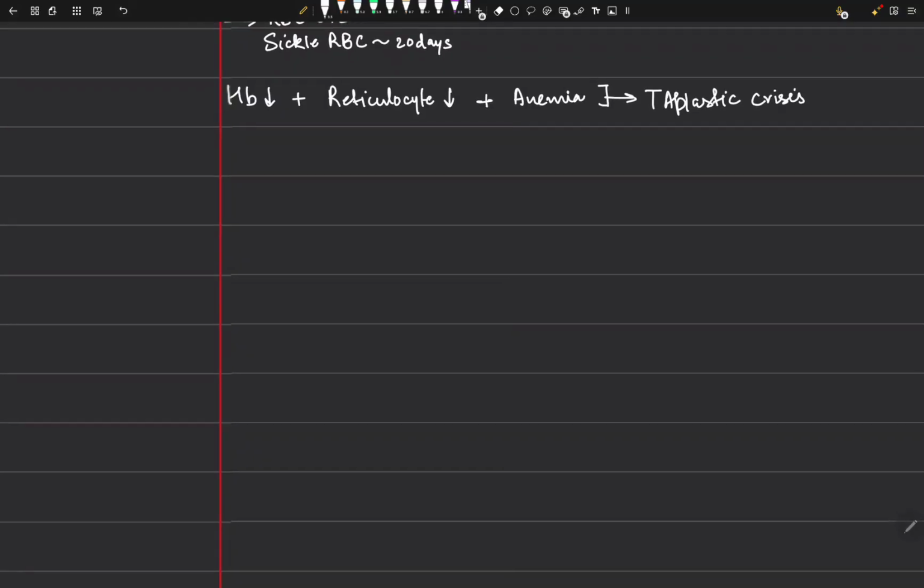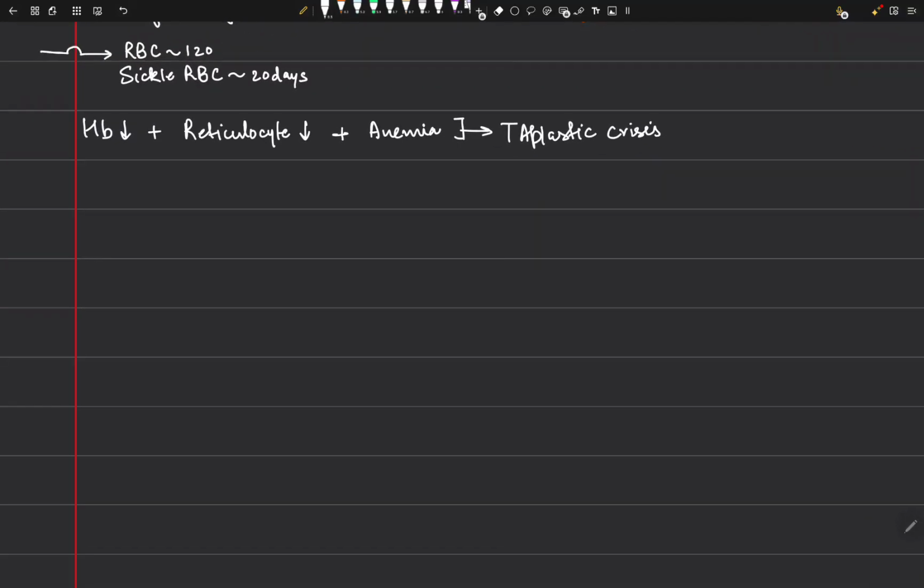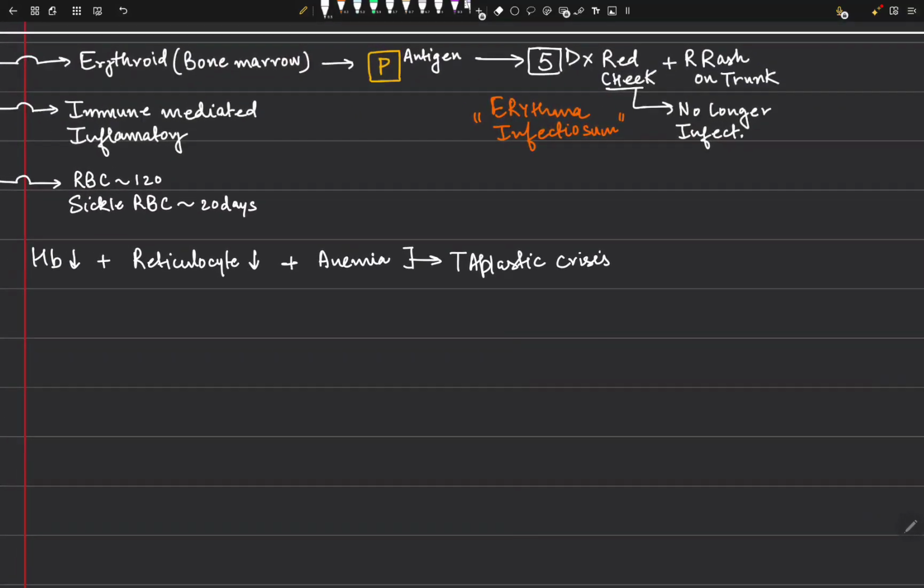Child with sickle cell, fatigue, pallor, anemia, very low red blood cells, very low reticulocyte count. Low reticulocyte count is especially important because sickle cell patients usually have elevated reticulocytes, right? Because their RBCs are being destroyed, so the marrow is working hard. So they have higher counts, but due to B19, it goes down.